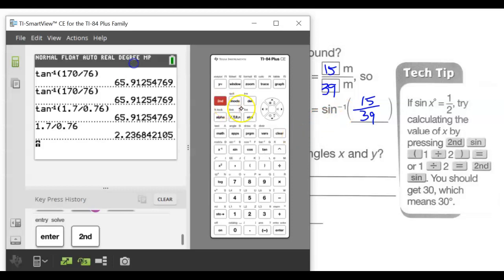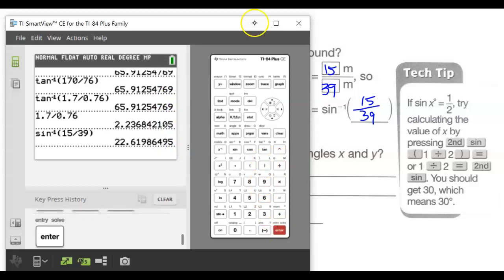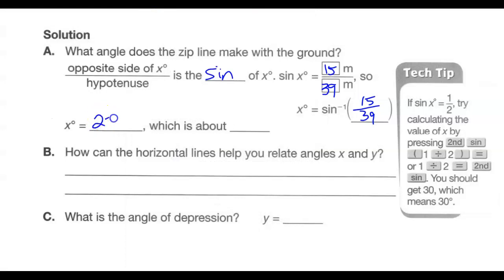So we'll go second sine, and then 15 divided by 39. Close bracket, enter, 22.6. Okay, so I guess it's about 23 degrees.